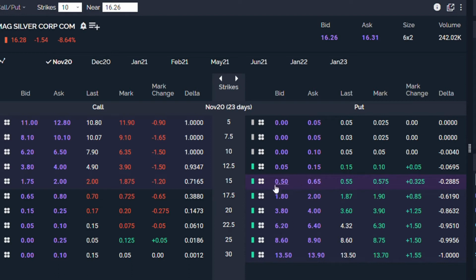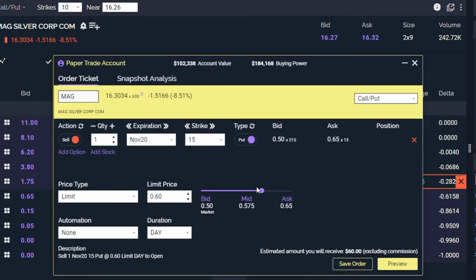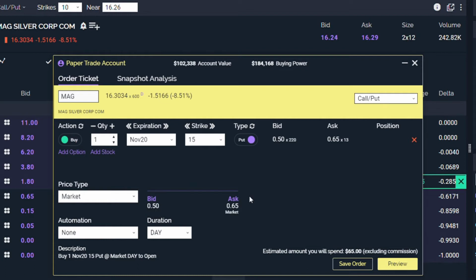So if we want to buy or sell anything, there might not be very much liquidity for us to get a good price on buying or selling this. But we can go to the market price. We can sell at the bid, and then we could buy at the ask, and that's going to be 65 cents, and then this will be 50 cents.